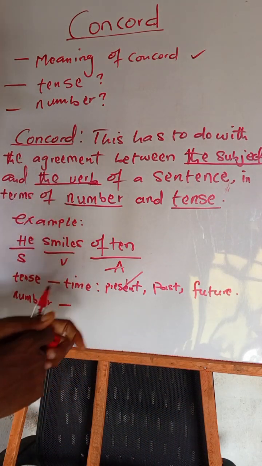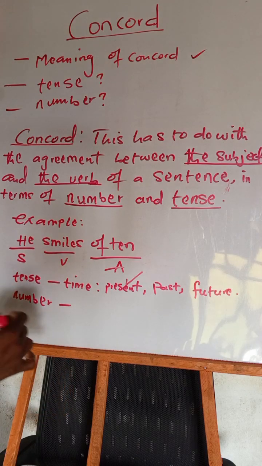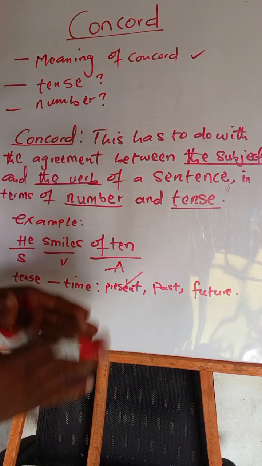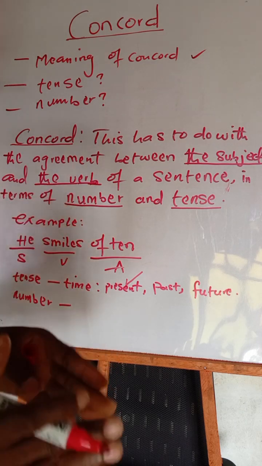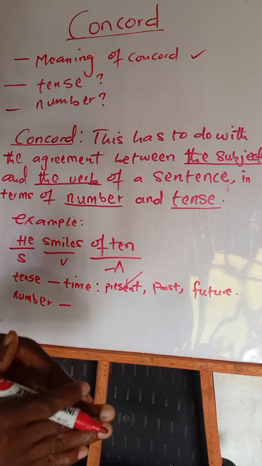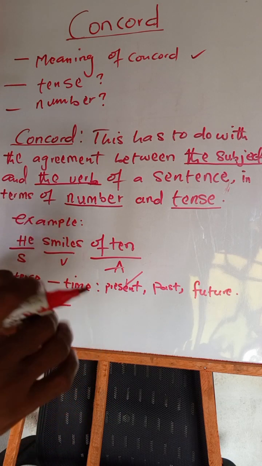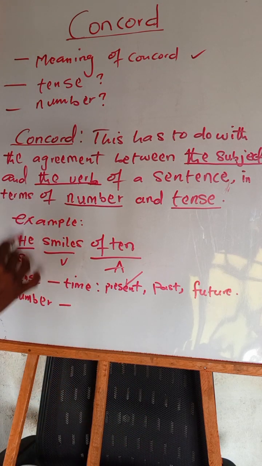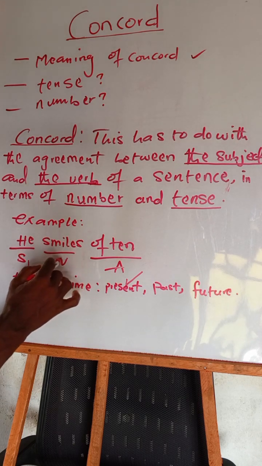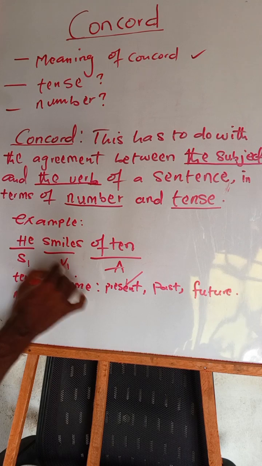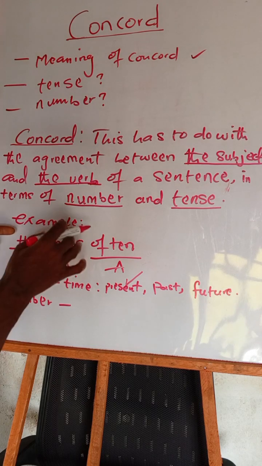What does that mean? It simply means that if the subject is singular, the verb should also be singular. If the subject is plural, the verb should also be plural. So in this case, you have the subject he, which is one person, and you have the verb smiles, which is a singular verb.